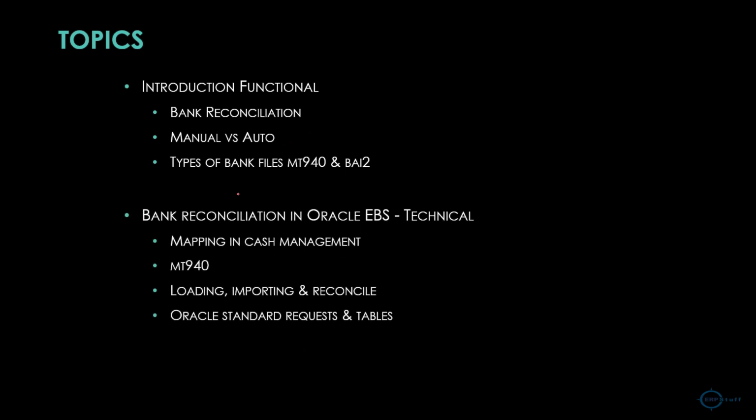Then, in the second part of the same video, we will discuss the technical part in Oracle EBS: mapping of Cash Management, MT940 formats, its tags and specifications, loading, importing and reconciling, Oracle standard requests and tables. So, we will be discussing the functional part and these tables.